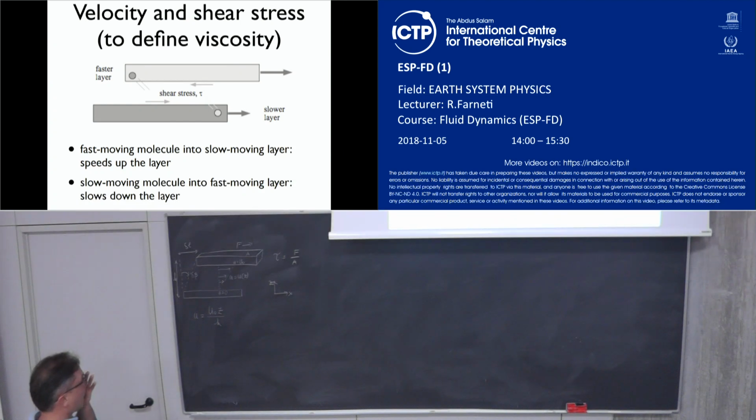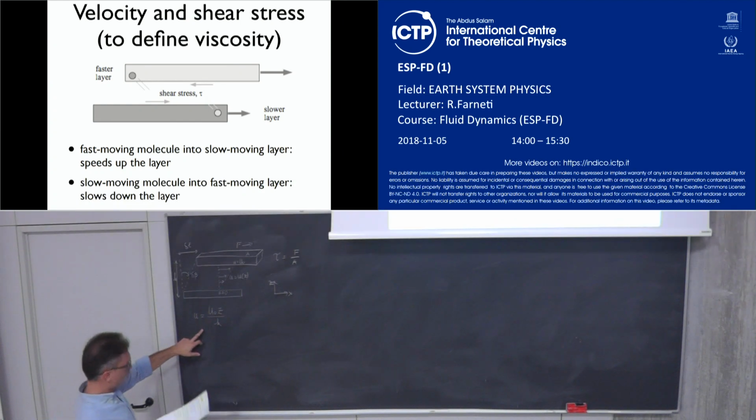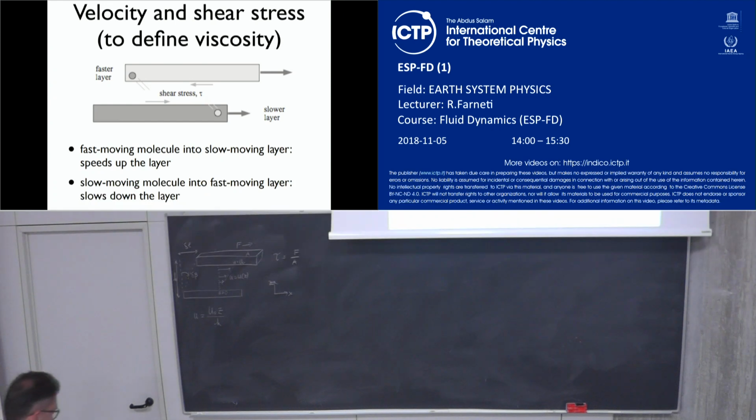So that when z is equal to h at the top, u is u naught, and when z is equal to 0, then u is equal to 0. Okay? So that's a linear variation of the velocity with depth.